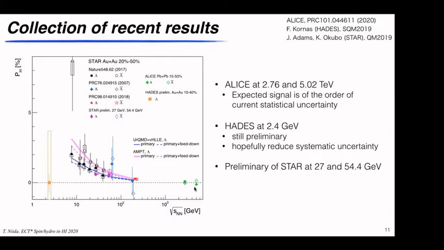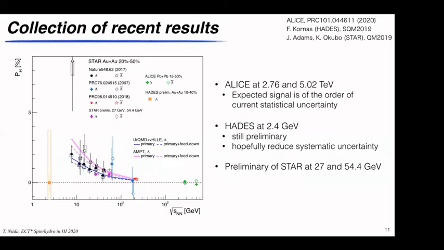They are currently consistent with zero, and the current statistical uncertainty is almost similar to the expected signal. But hopefully in the next run, Run 3, they can improve the statistical error.